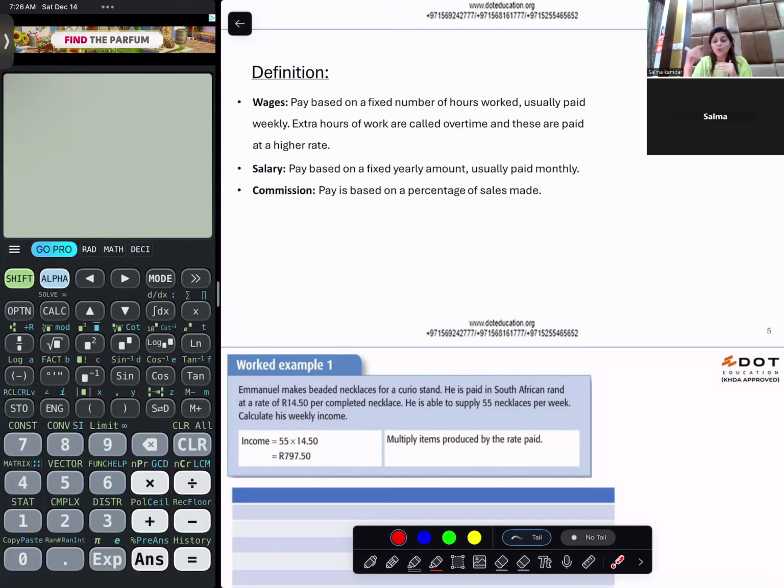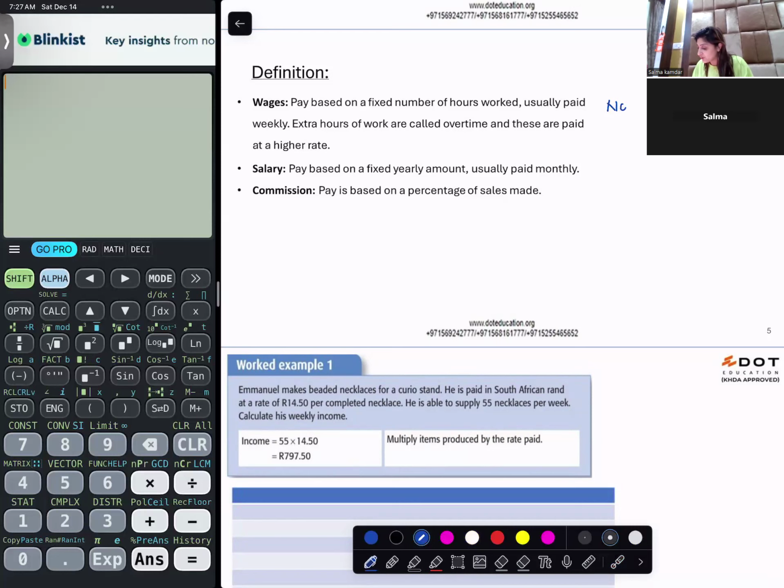Anything that you pay over and above your normal hour rate is called overtime, and overtime is always paid at a higher rate.